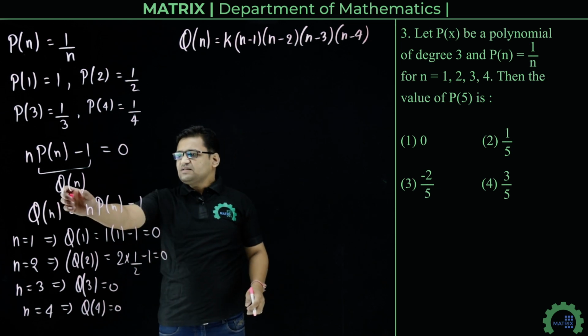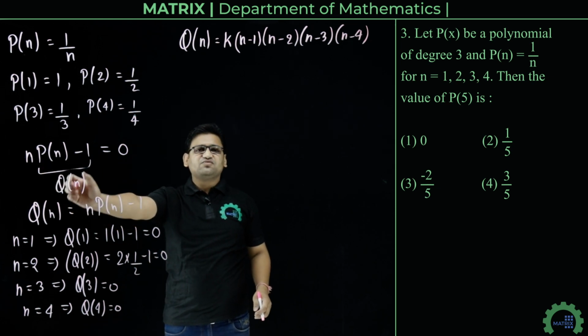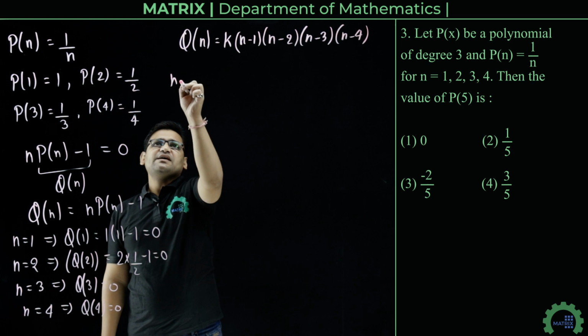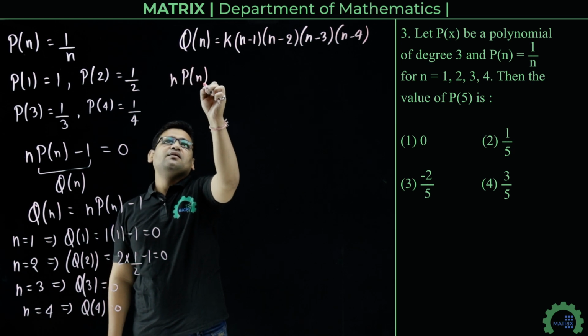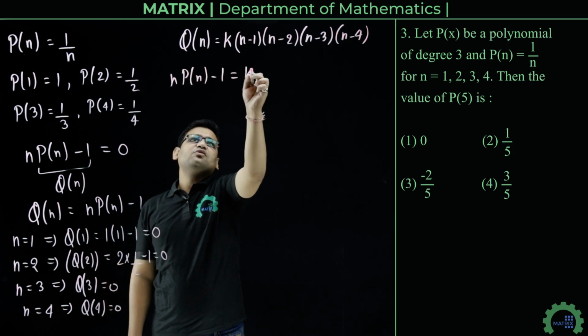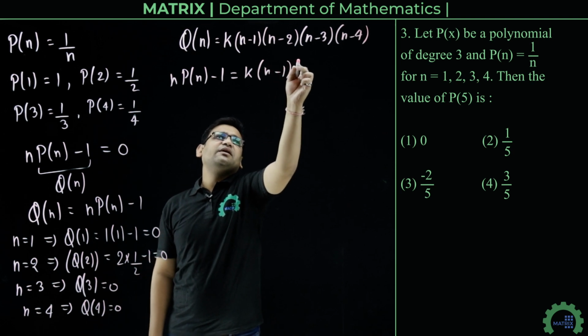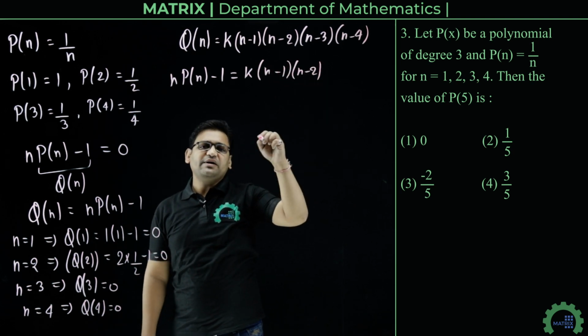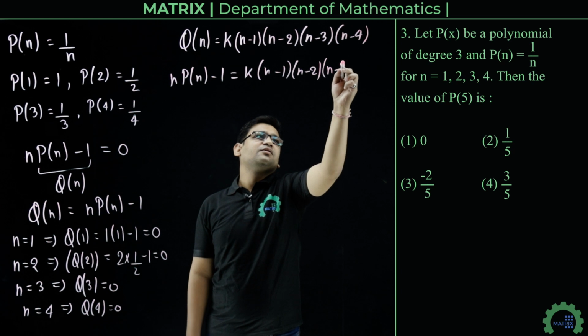And Q of n is n P of n minus 1. We can write this as n P of n minus 1 equals k into n minus 1 into n minus 2 into n minus 3 into n minus 4.